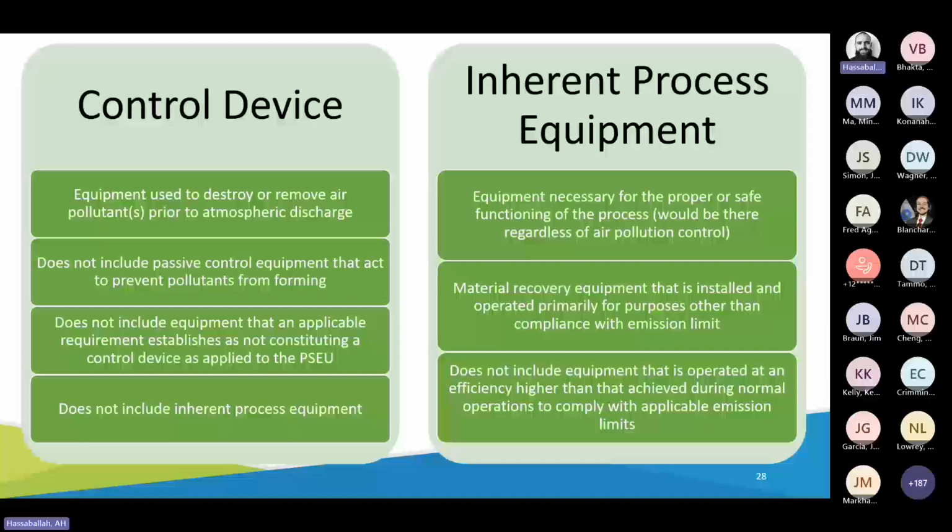So if you have an inherent process equipment and it operates at a certain efficiency under normal conditions for material recovery or whatever, but then you would have to increase its efficiency or operation to meet an emission limit, then this piece of equipment no longer meets the definition of an inherent process equipment.